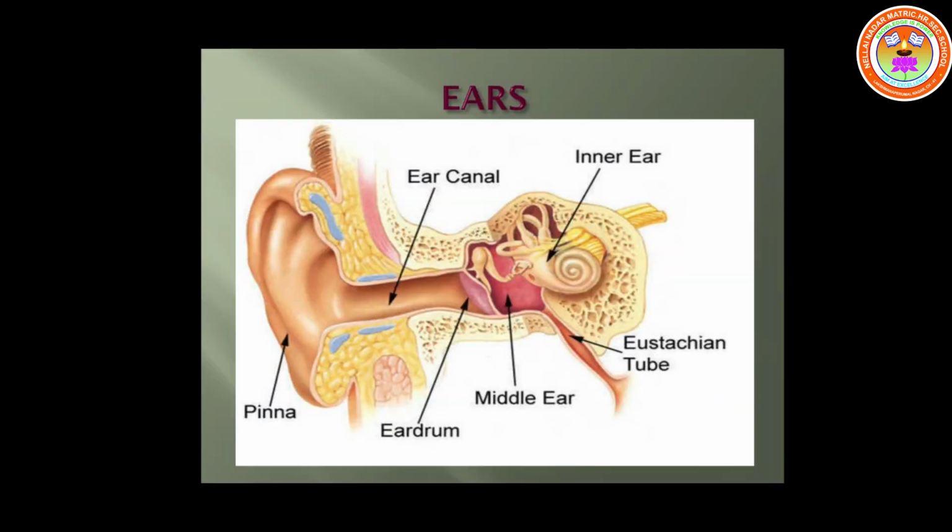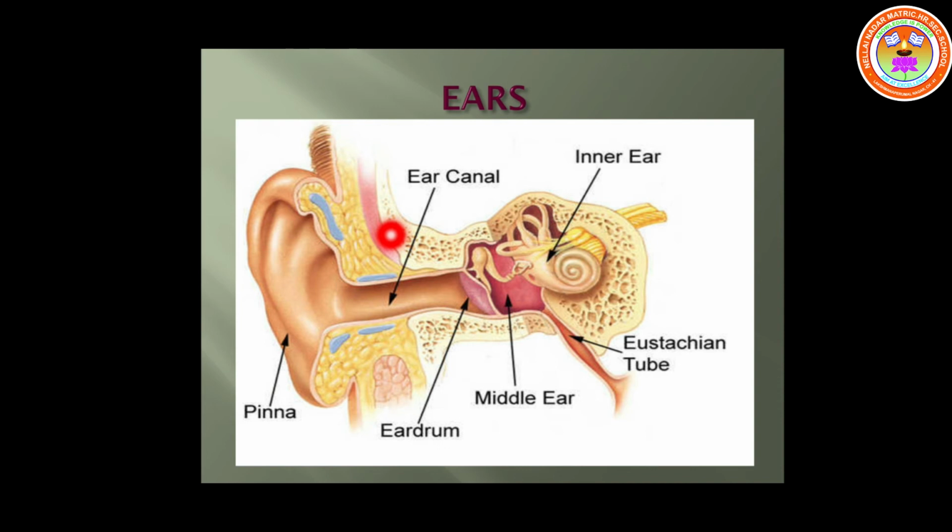Ears. Ears help to hear and differentiate sound around us. The ears also help us in maintaining the balance of the body when we are walking, running or climbing. The ear has 3 major parts: the outside ear, the middle ear and the inner ear.